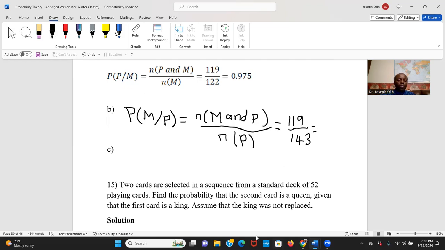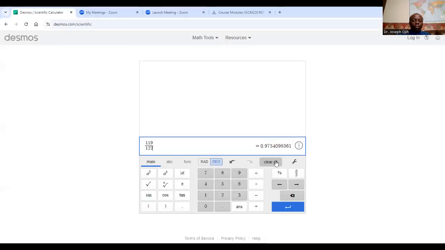In the calculator, you have 119 divided by 143. That gives 0.832, rounded 0.832.